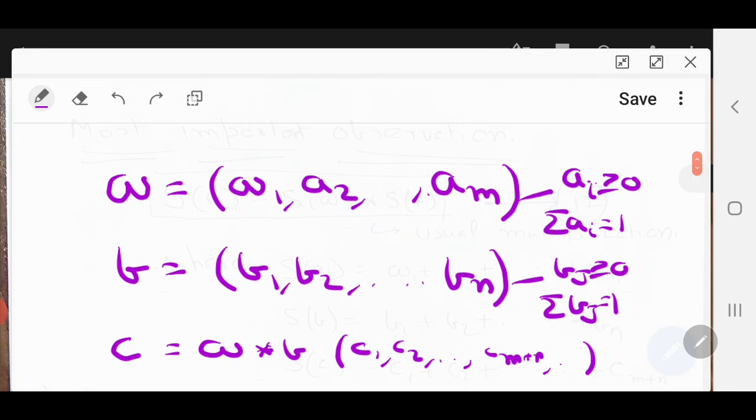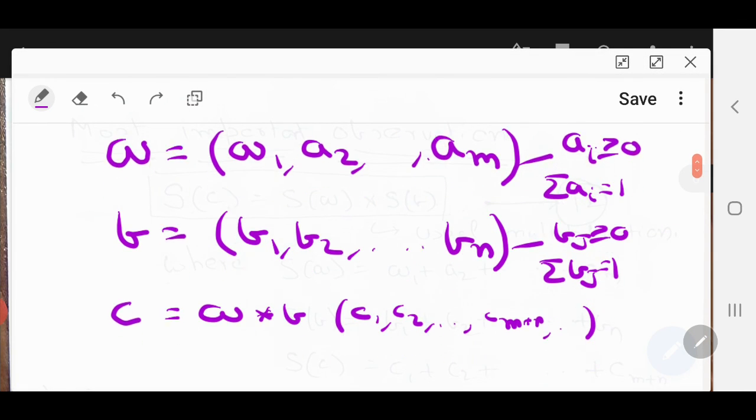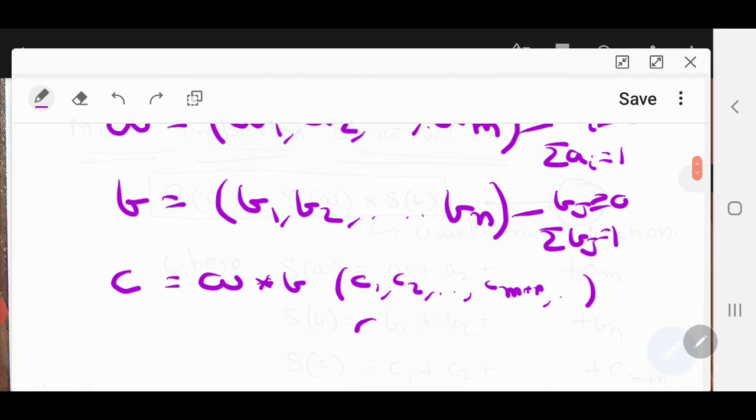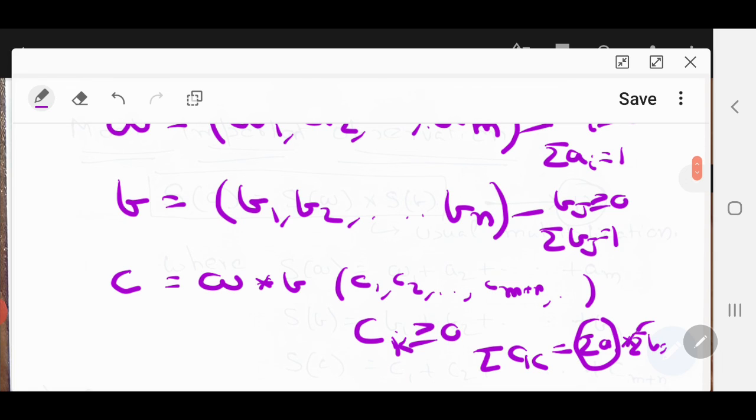Now if I want to calculate this sum, we are sure that each Ck is greater than or equal to 0. But if you add the Ck, what guarantee is there that it is 1? It is 1, because this is nothing but the sum of Ai's into the sum of Bj's. We know that the sum of Ai's is 1 and the sum of Bj's is 1. So the product is 1.